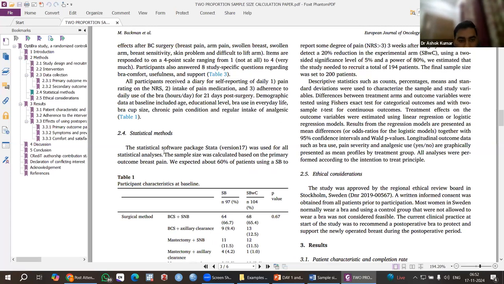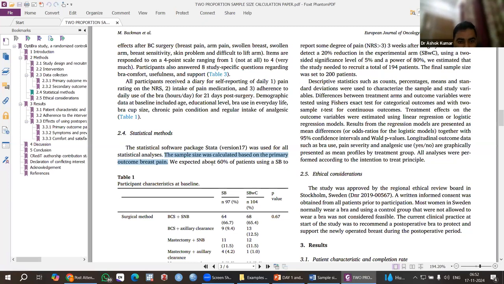You can see here in the statistical methods, they have written the sample size was calculated based on the primary outcome, breast pain. So as I told you, sample size must be based on your primary outcome, that is breast pain.